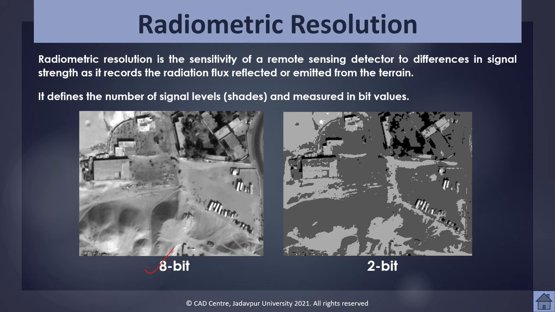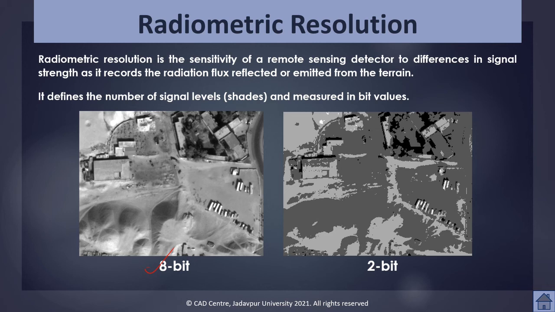In a 2-bit image, there are 4 digital values ranging from 0 to 3. As the number of levels increases to 8 bits, we can get 256 levels, 0 to 255. There is more information in the image. Landsat 1 recorded the reflected radiant energy with a precision of 6 bits.